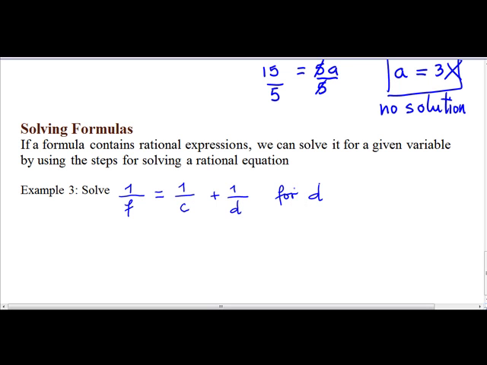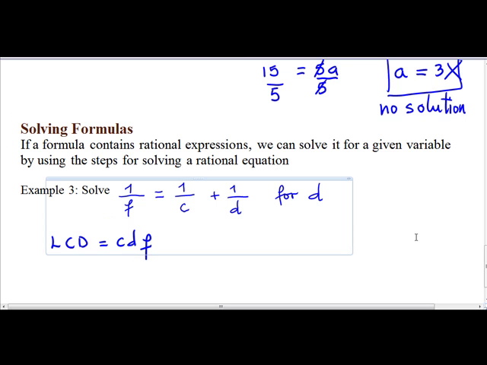Now to solve for d, first we're looking for the LCD. So the LCD for this equation is c times d times f, because the denominators here are f, d, c, all unique, so I take all of them. So the LCD.